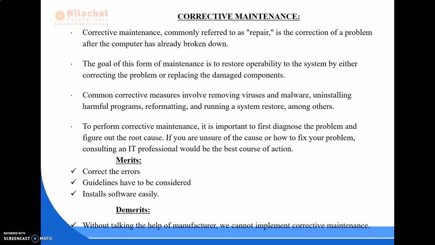Let's discuss some of the merits of corrective maintenance. It corrects the errors, the guidelines have to be considered, and it installs the software easily. The demerit of corrective maintenance is that without taking the help of the manufacturer, we cannot implement corrective maintenance.